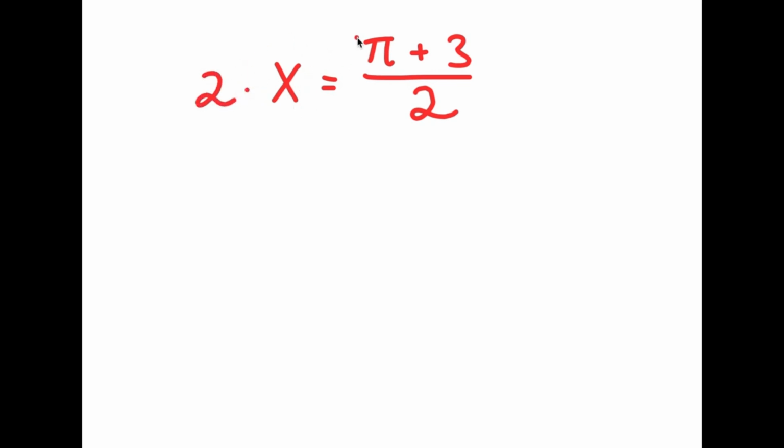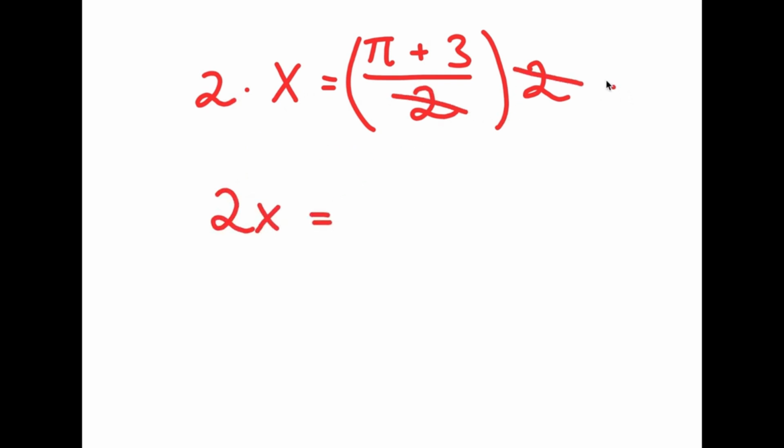So I get 2 times x is equal to pi plus 3 over 2 times 2. Now, 2 times x is equal to 2x. So I get 2x is equal to, these two 2's cancel out, pi plus 3. So I get 2x is equal to pi plus 3.